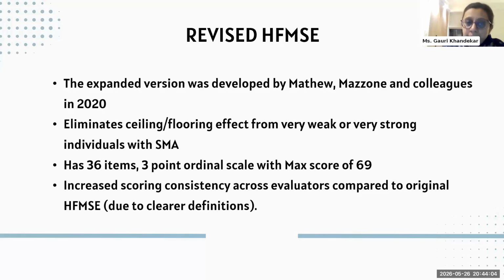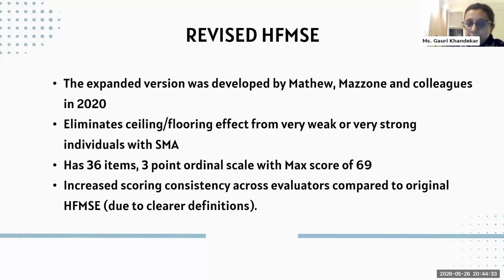The revised HFMSE, the expanded version, was developed by Matthew Main and colleagues in 2020. Here we are eliminating the flooring effect from very weak or very strong individuals with SMA. It has 36 items, again on a 3-point scale, with a maximum score of 69, and increases scoring consistency across evaluators compared to the original HFMSE due to clearer definitions.